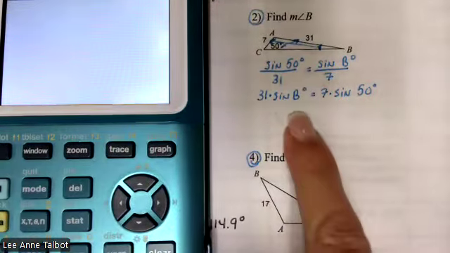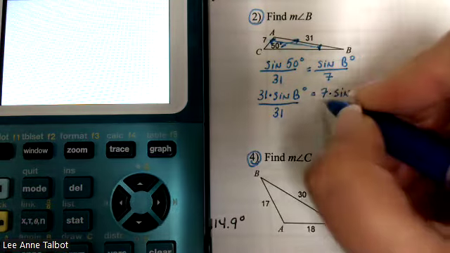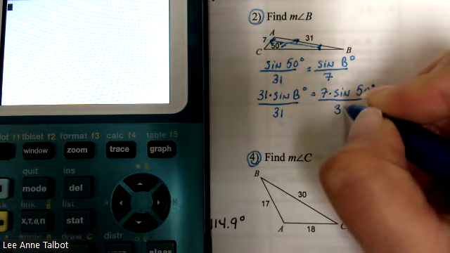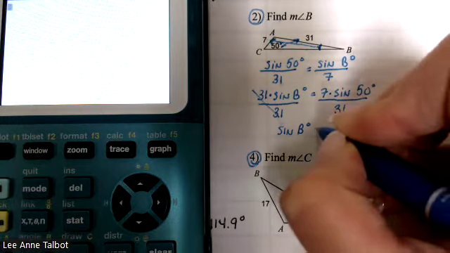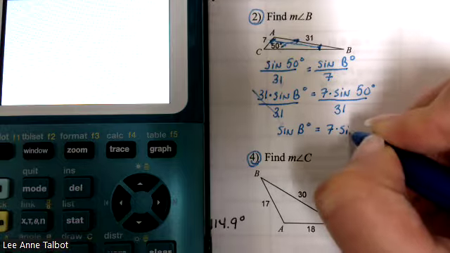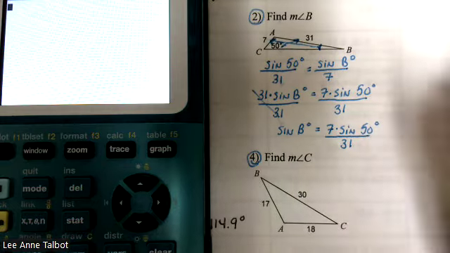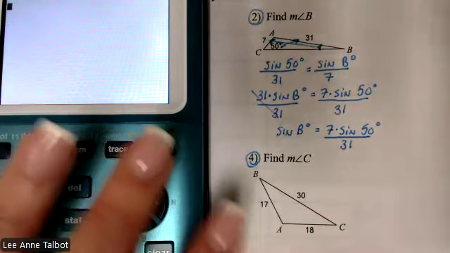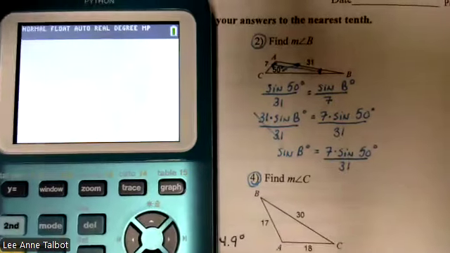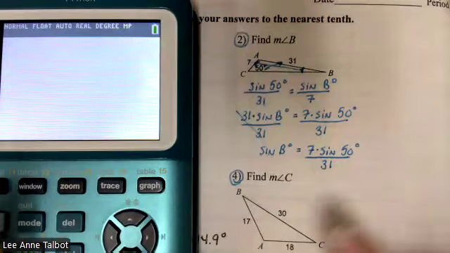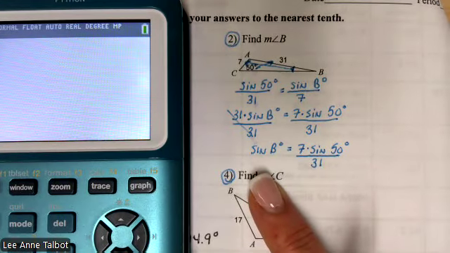Okay, now my goal is to get B by itself. So the first thing I'm going to do is divide by 31 on both sides. Here's my next question. How do I undo sine?